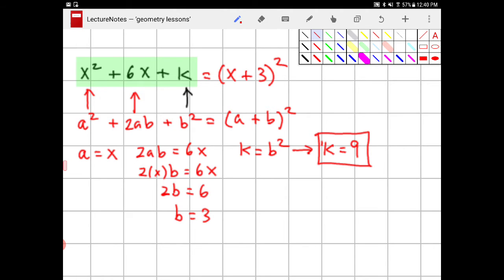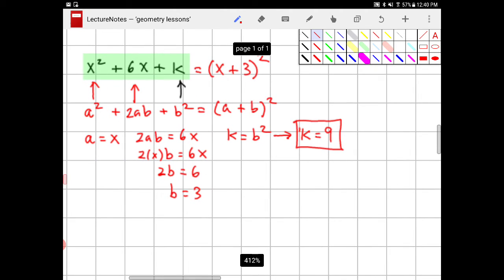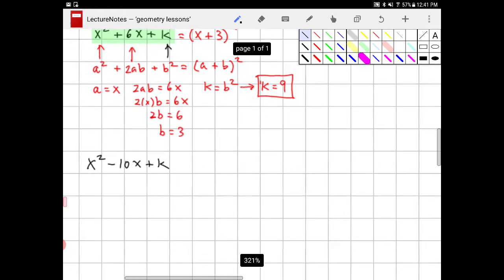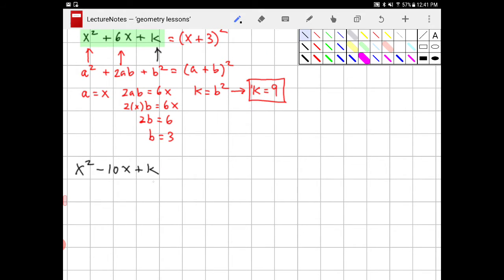Let's do another example. So suppose I give you another quadratic equation, and I have x squared minus 10x plus k. And again, it's the same kind of process. I want you to complete the square by figuring out what k is, and also write out what is that perfect square.